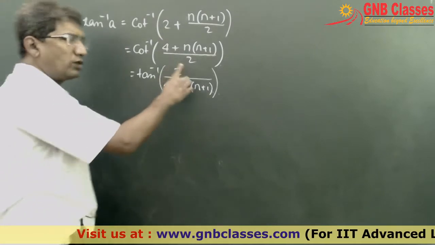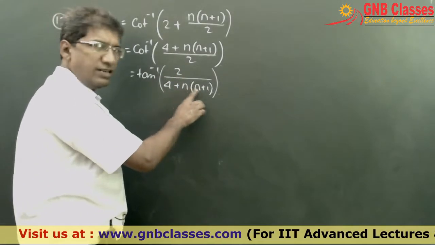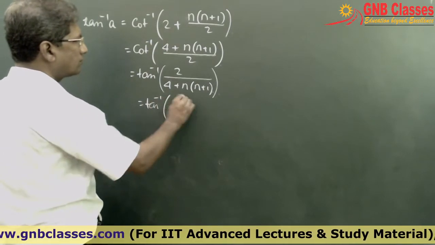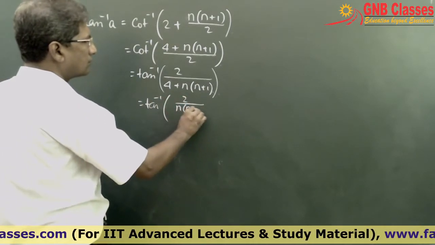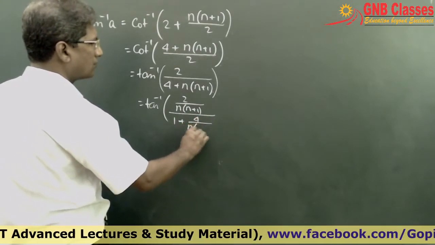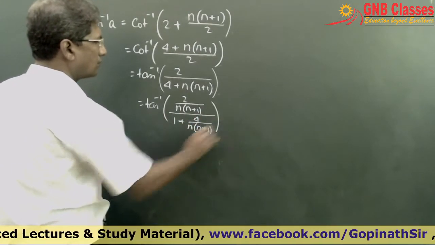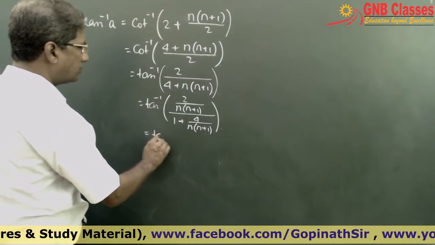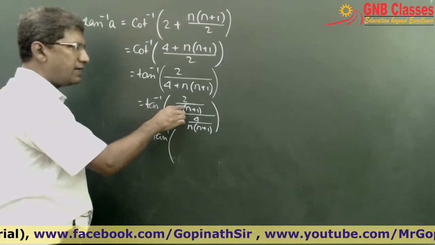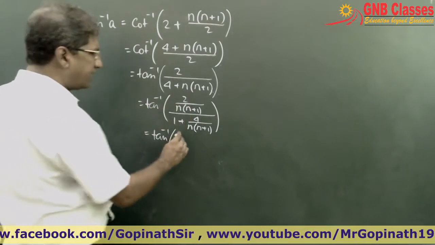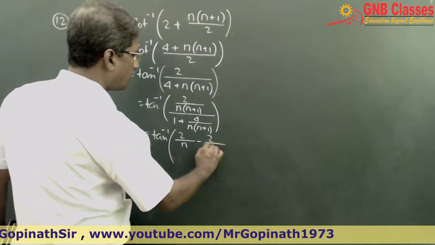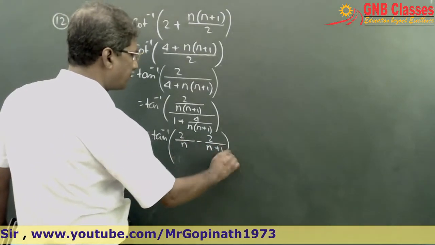Let me divide both numerator and denominator by n into n plus 1. So we are going to get, which can be written as what? Tan inverse. You see in the numerator 2 by n into n plus 1, I am manipulating it like this. Is it clear?